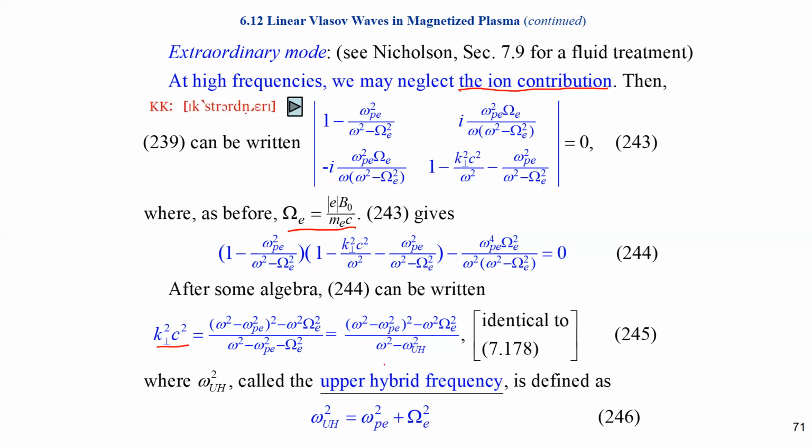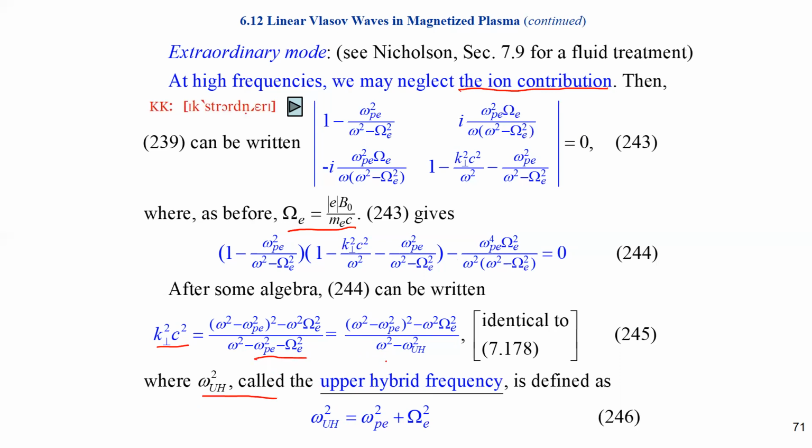That's identical to 7.178. So we call this one the upper hybrid frequency. We just give it a name. This one is defined as upper hybrid frequency.